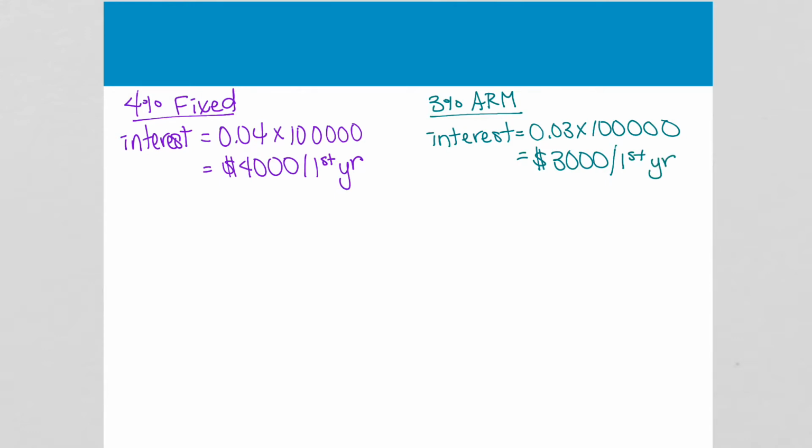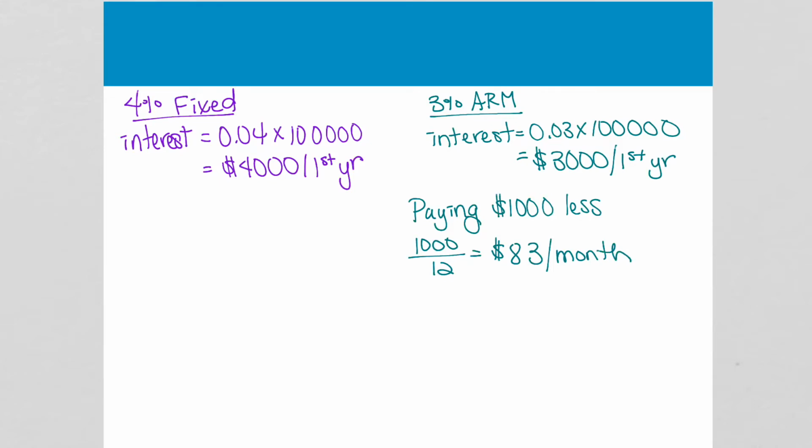So for the first year with the ARM, you're paying $1,000 less for the year, so divide that by 12, you're saving $83 per month.